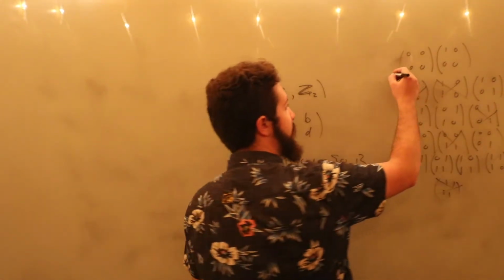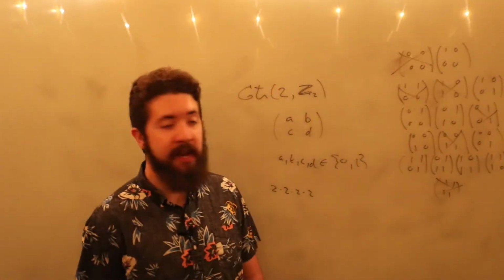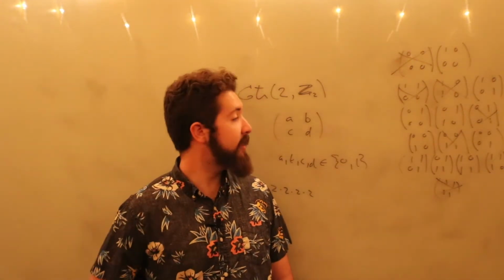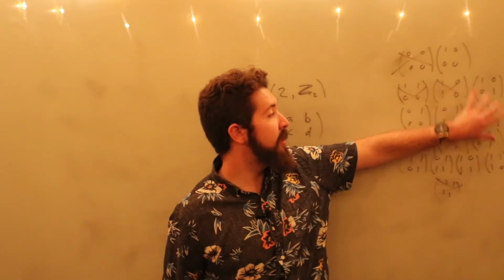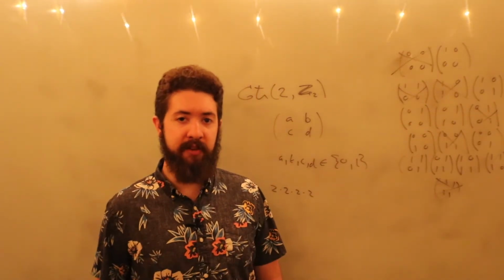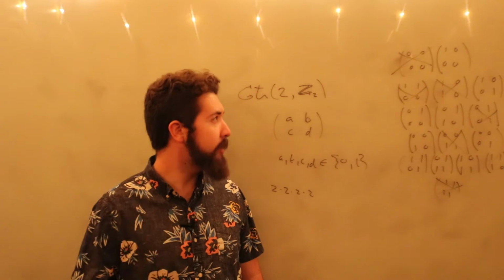And of course the 0 matrix is not going to be in there anyway, because the identity in this case is going to be the multiplicative identity, which is this 1, 0, 0, 1, right? The identity matrix as we usually call it.